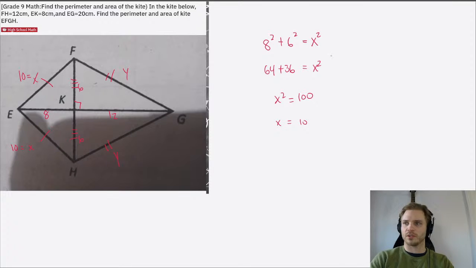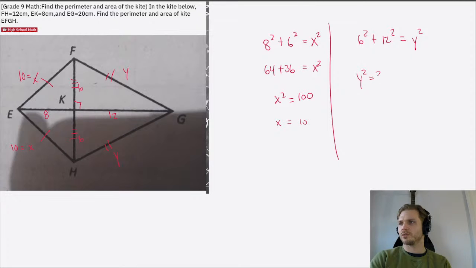Then we can do the same thing for Y. So 6 squared plus 12 squared equals Y squared. So Y squared equals 36 plus 144, which gives us Y squared equals 180.